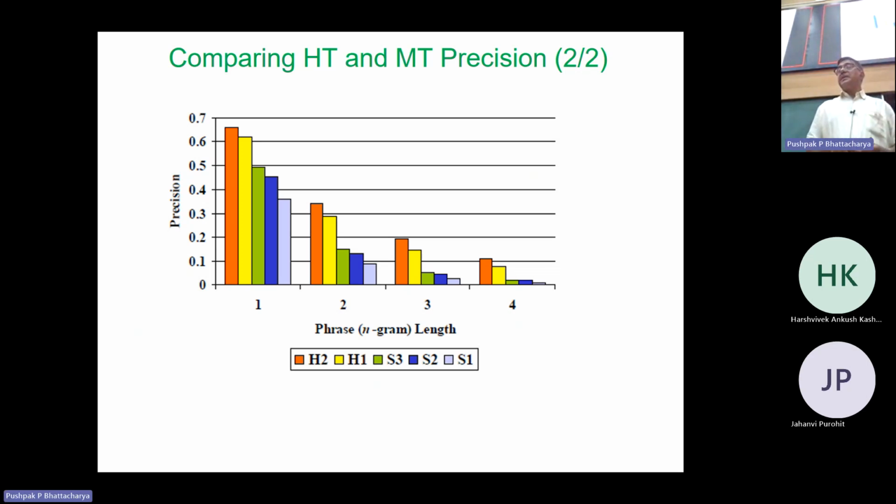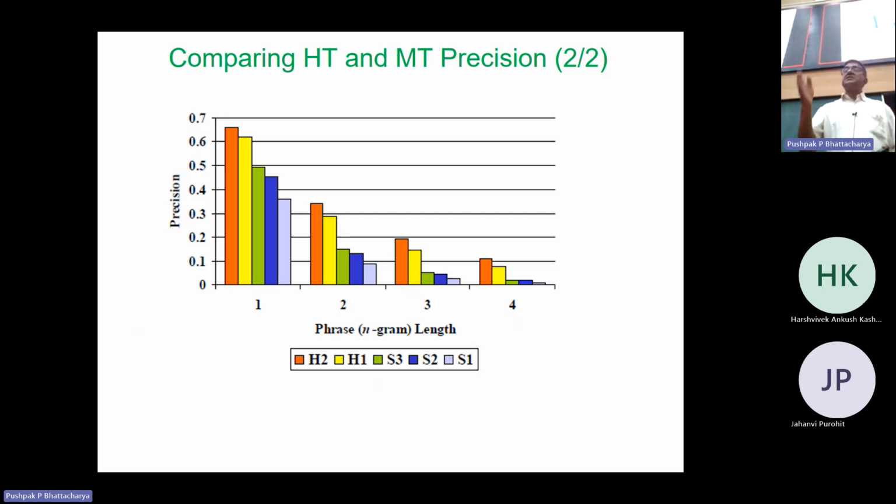The red bar corresponds to human translation. H1 also corresponds to human translation. Yellow also corresponds to human translation. And then S3, S2, and S1 are the outputs of three machine translation systems.